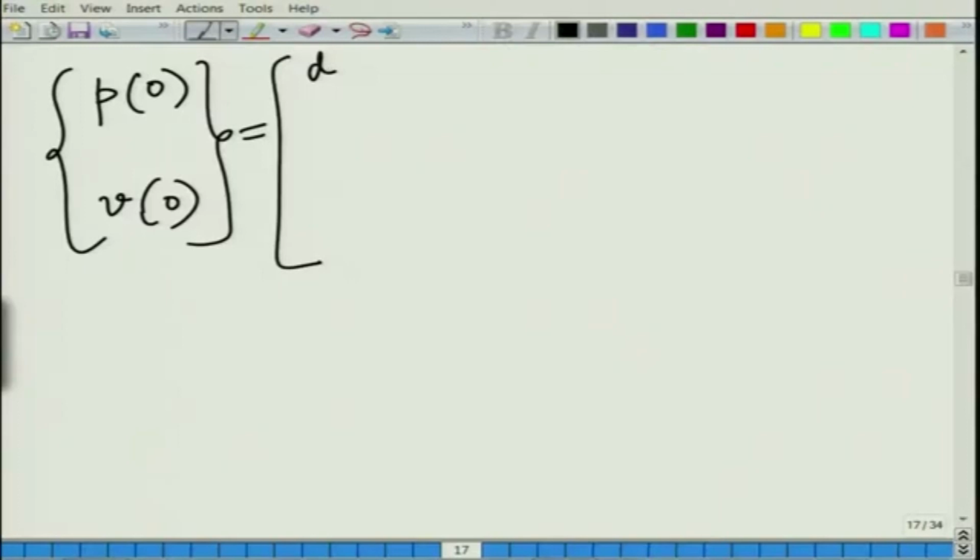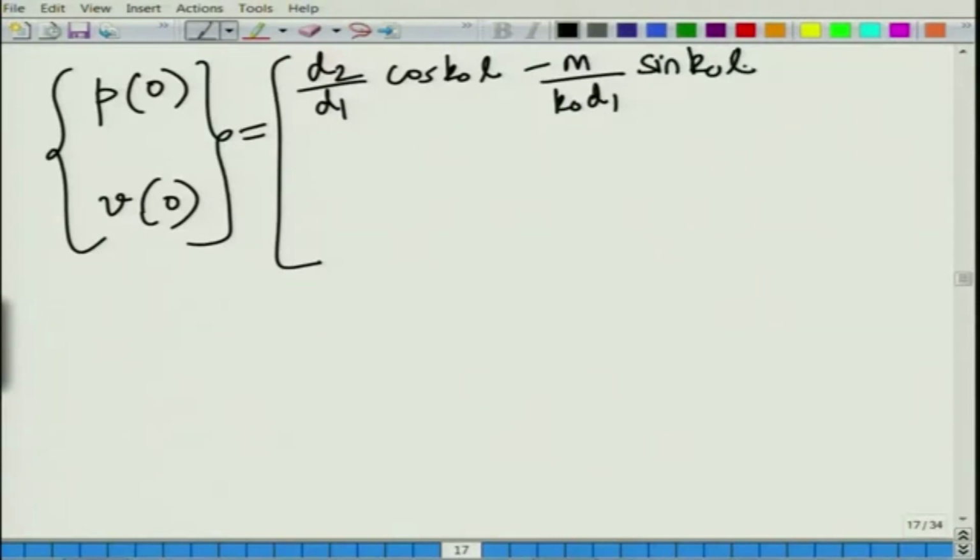So, this would become d2 by d1, where d1 is the smaller part, remember, and this is cos k naught L times m into k naught into d1 times sin k naught L, okay.